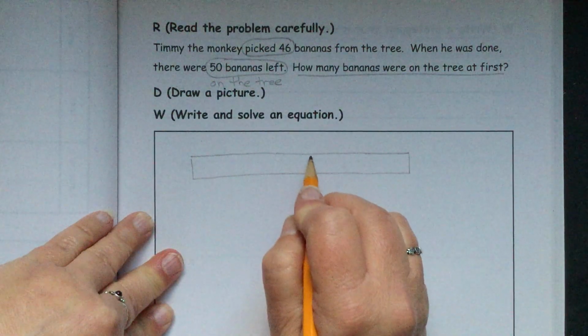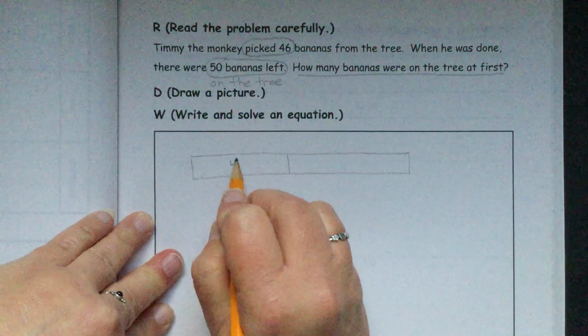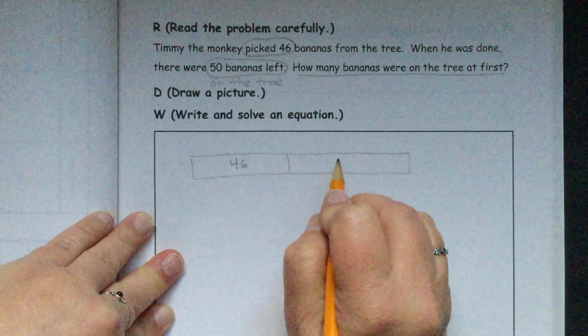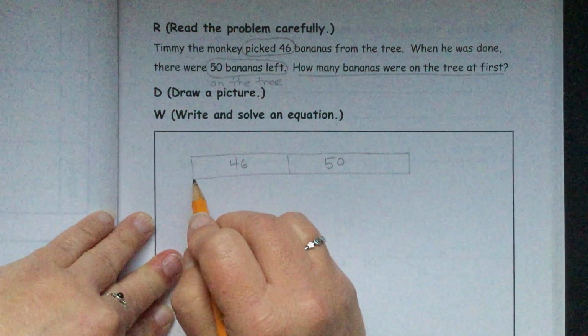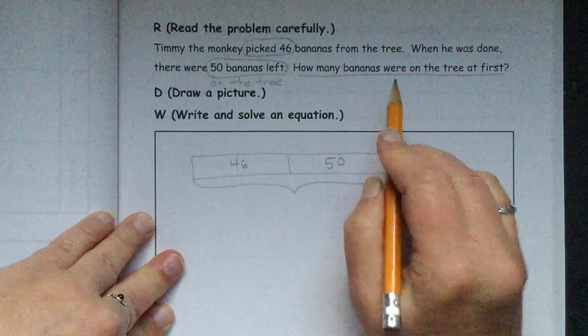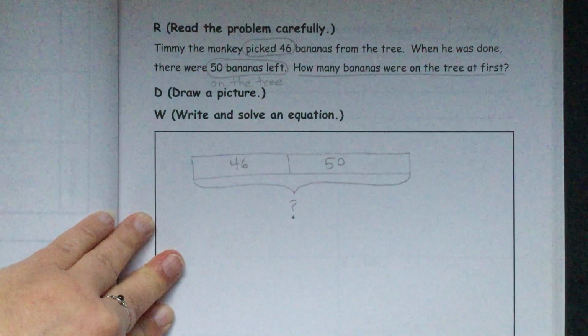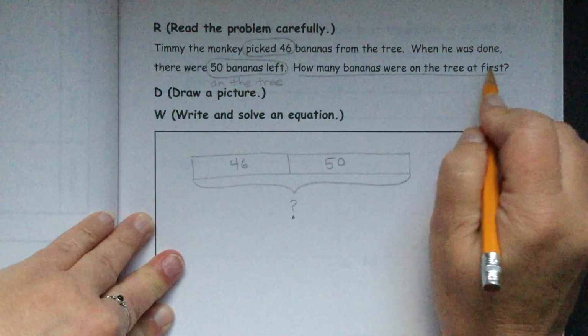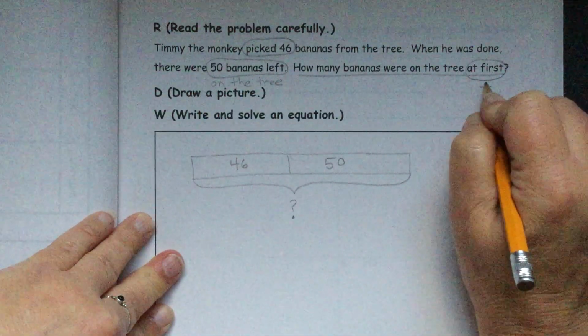So we know that he picked 46 and 50 were left. So we want to find out how many bananas were on the tree at first. So this is our question mark. So this "at first" is going to tell us that we need to add.